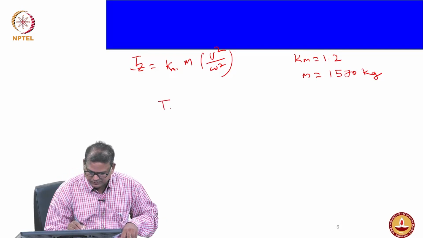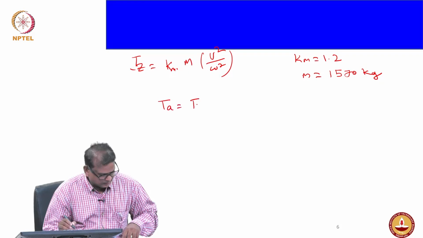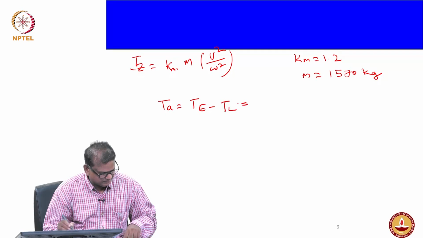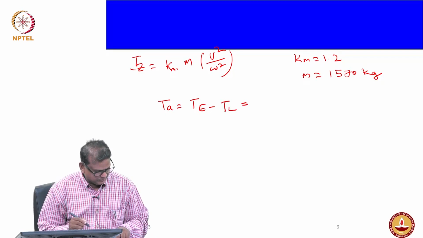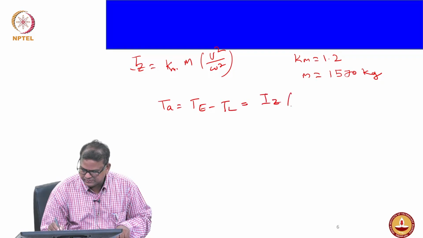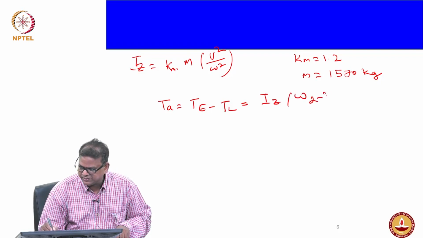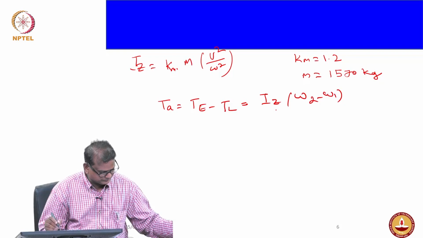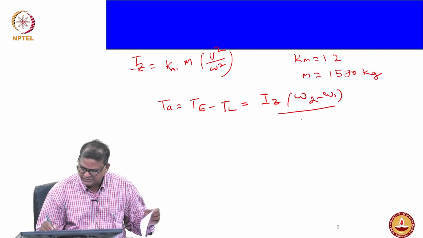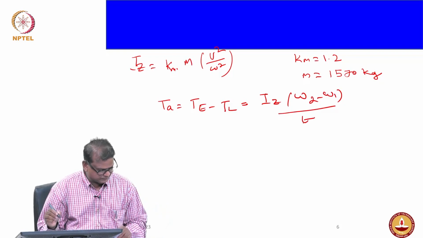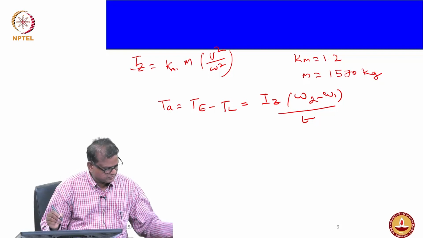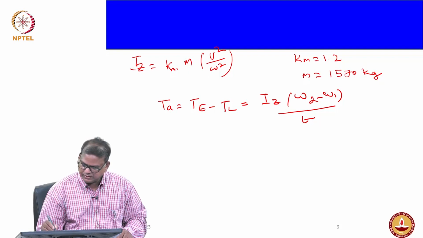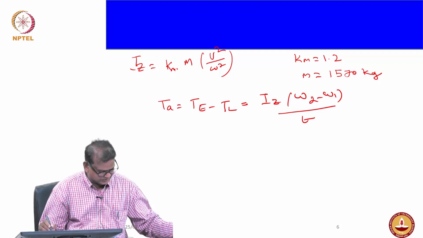The acceleration torque is nothing but engine torque minus load torque, which is Iz (omega 2 minus omega 1) by T, the slipping time, or else the acceleration time, both ways are there.